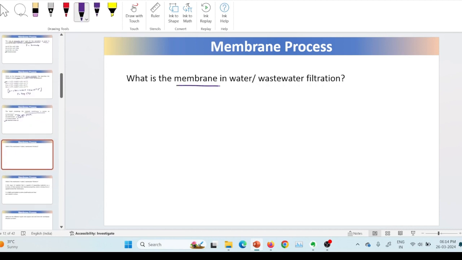What is a membrane in water or wastewater filtration?